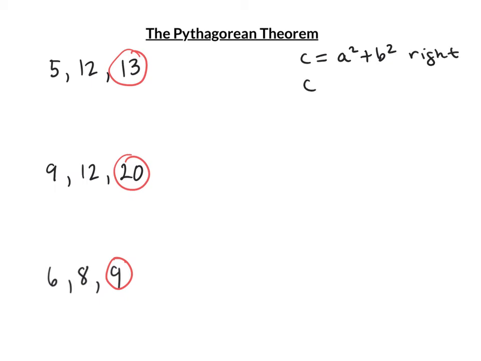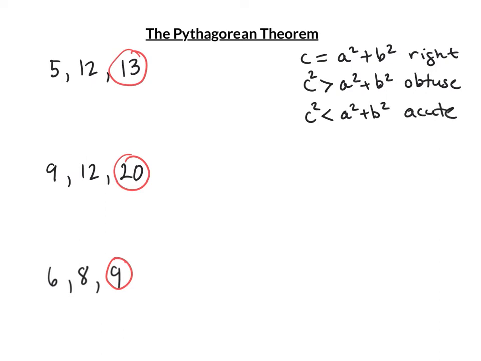If c squared, if I make my hypotenuse longer than a squared plus b squared, it's obtuse. If I make my hypotenuse, my c squared, shorter than a squared plus b squared, then it would be less than 90 and it would be acute.